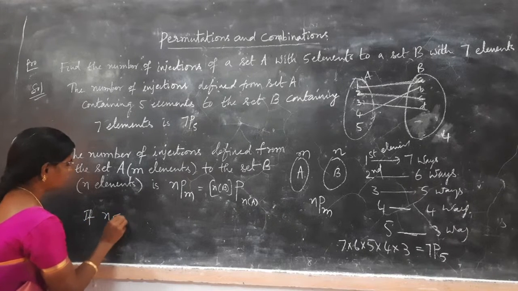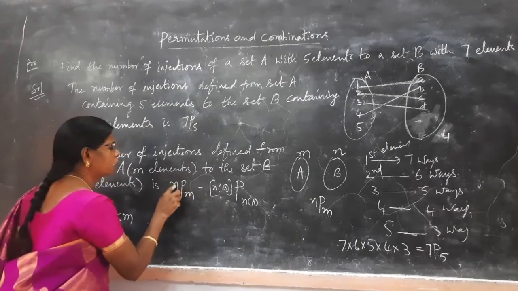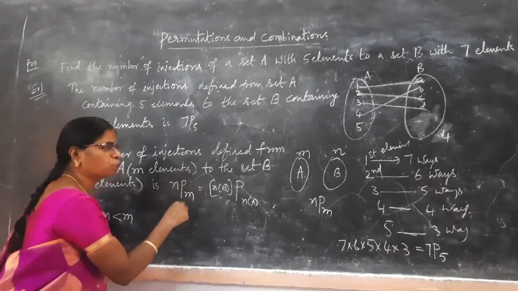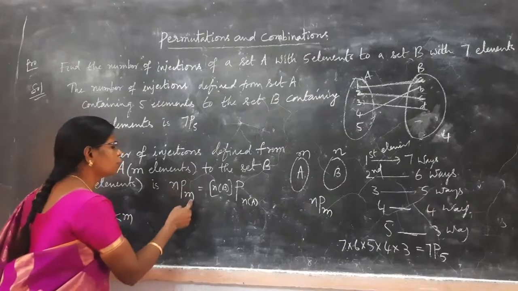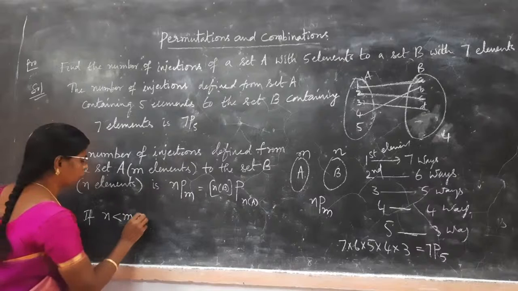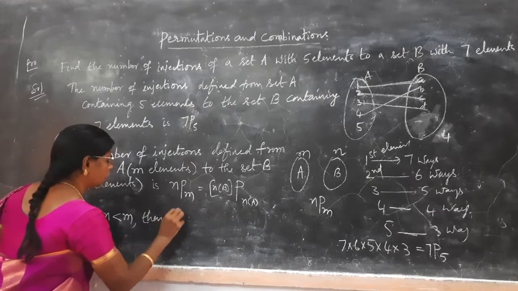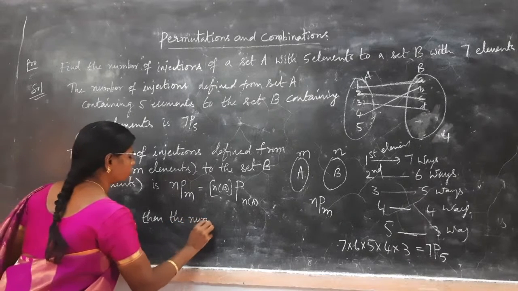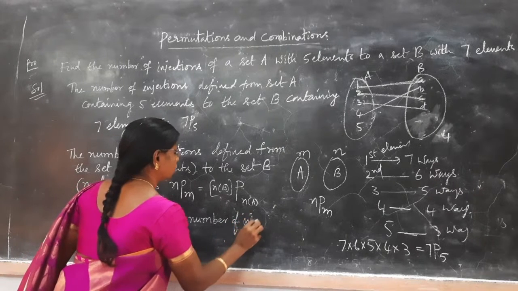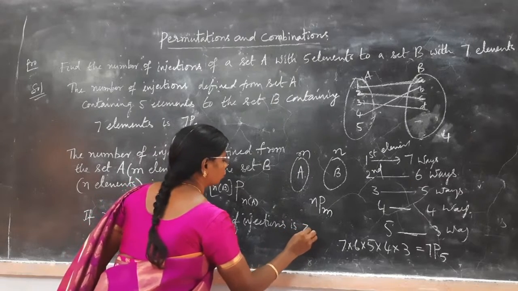if n is less than m, nPm means n should be greater. We take m from n, nPm means we take m from n and arrange. So suppose there are no m in n, then what will happen? If n is less than m, then the number of injections is 0.